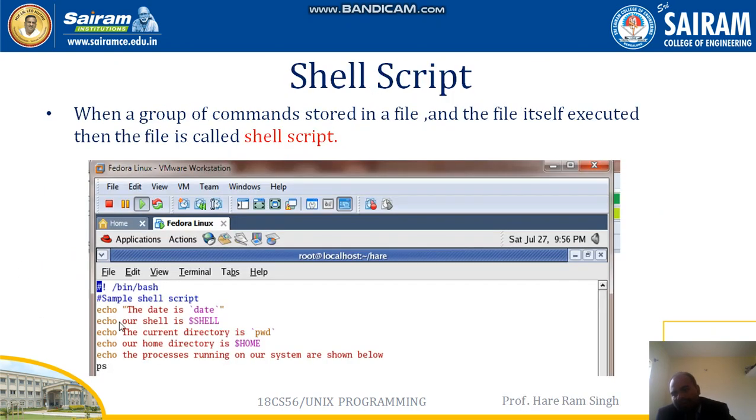So the output will be: the date is the current date will be displayed. Our shell is the current shell, which is nothing but the bash shell. The current directory is the current working directory will be displayed, and our home directory is the current home directory. It will display in which directory we are currently present, and what processes are running, with this message.